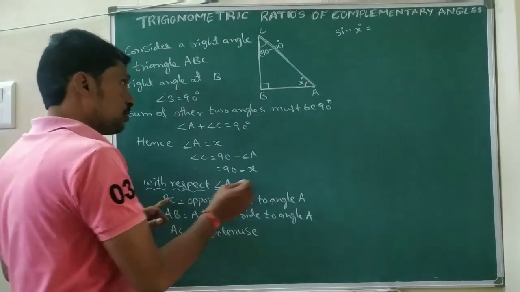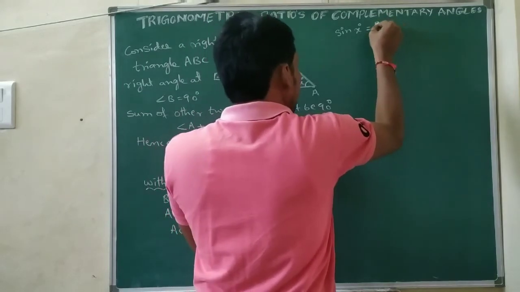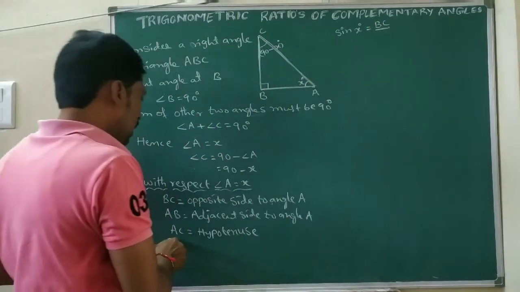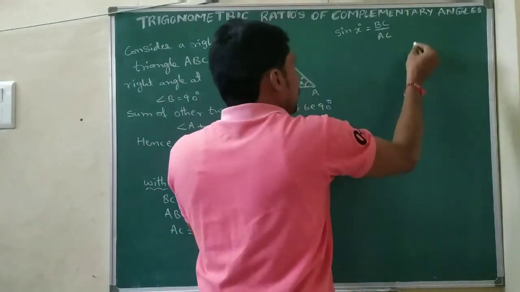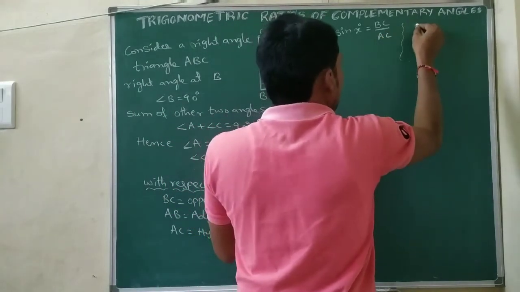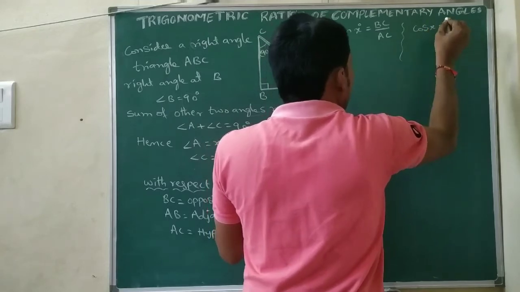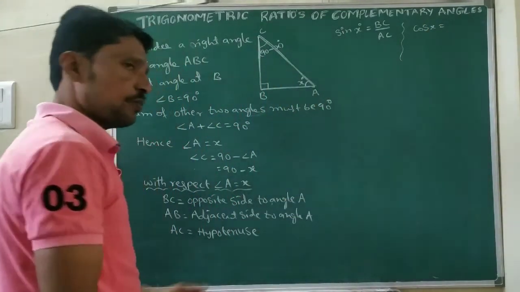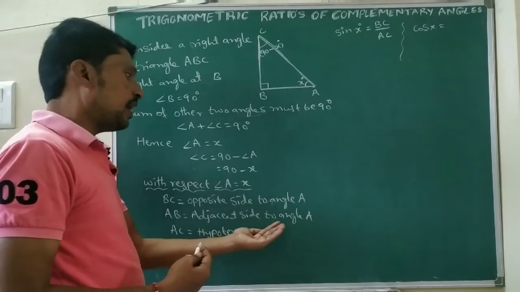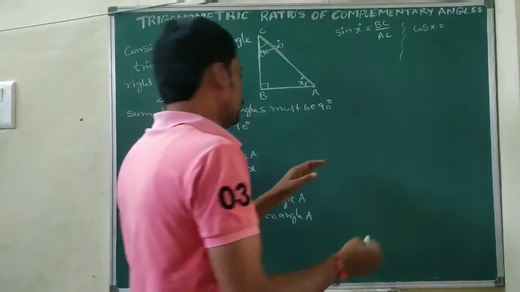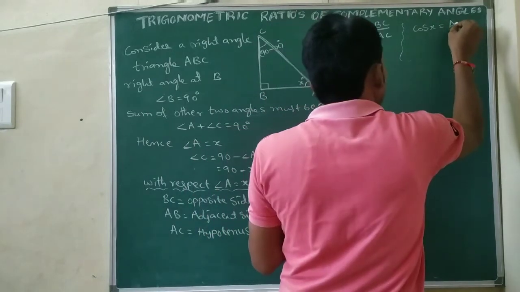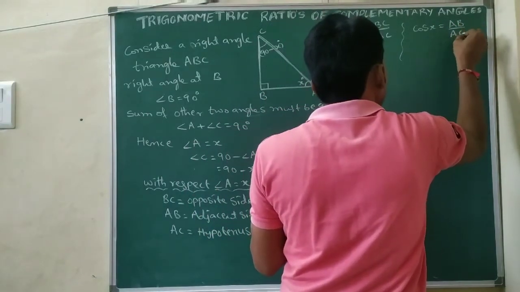So opposite here is BC by hypotenuse, hypotenuse is AC. Next, cos X degrees. What is cos? Cos means adjacent side to angle X by hypotenuse. So that is AB by AC.